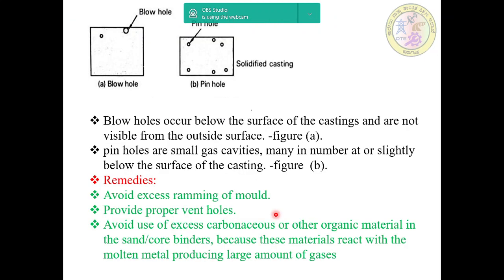Blowholes occur below the surface of the casting and are not visible from the outside surface, as shown in figure A. And these pinholes are small gas cavities, many in number, slightly below the surface of the casting, as shown in sketch B.